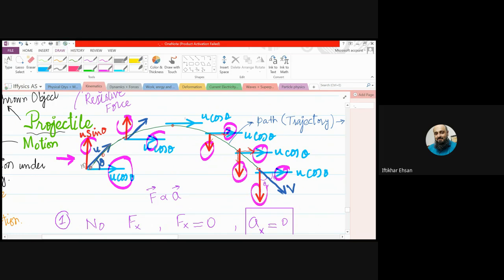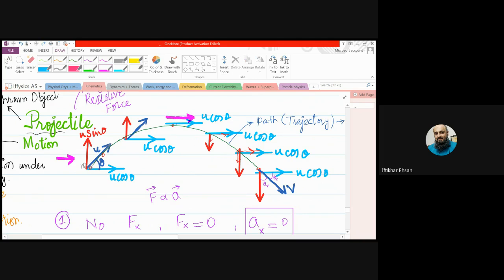Except at the highest point, for a moment, just for a moment, the velocity will be almost 100% horizontal.